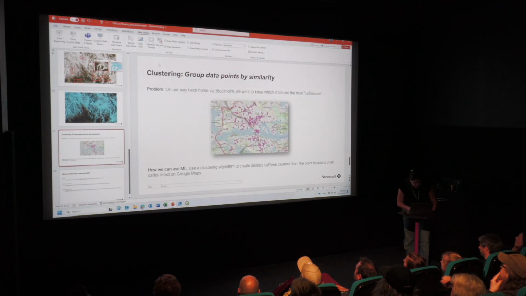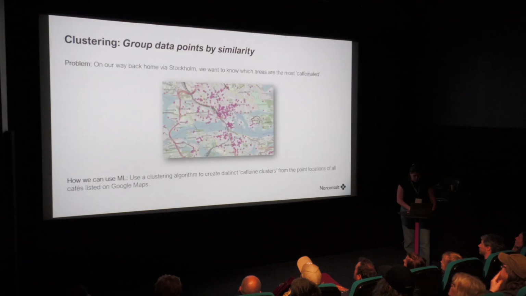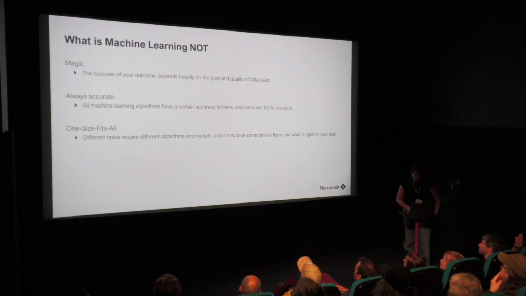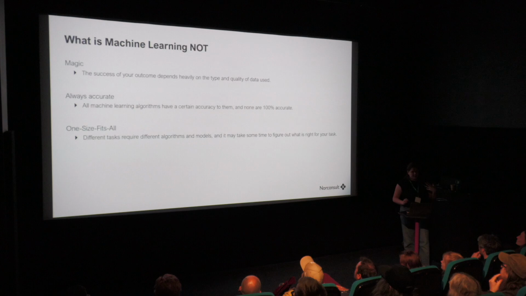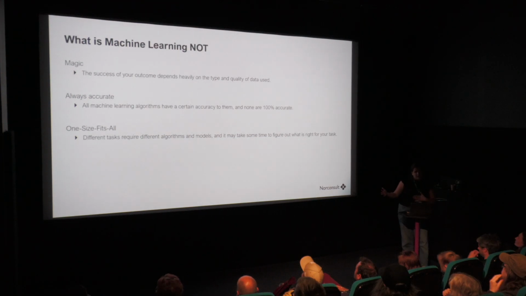Lastly, I'm just going to go to one last slide to give a little bit on what machine learning is not. Machine learning is not magic. If you have really bad data, you can't use machine learning as a saving grace to improve your outcomes because it really relies on having good quality data to perform well.